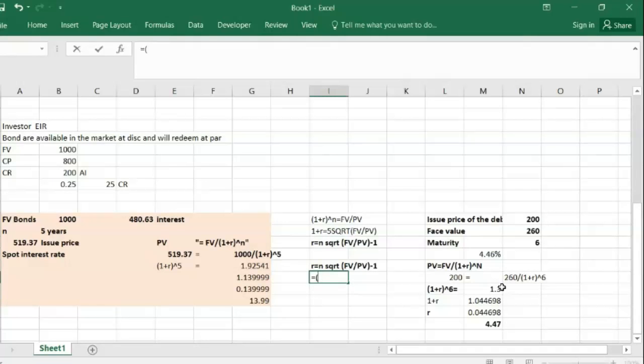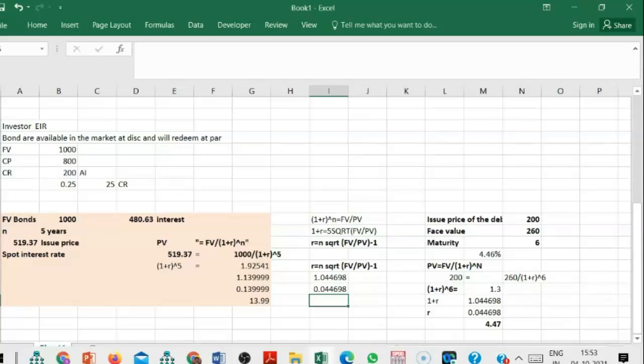The face value is 260 rupees, divided by present value of 200 rupees, to the power 1 divided by 6, where 6 is the number of years to maturity. After this, you just have to subtract 1. You can get exactly the percentage of interest rate.